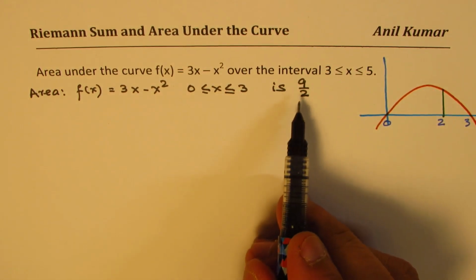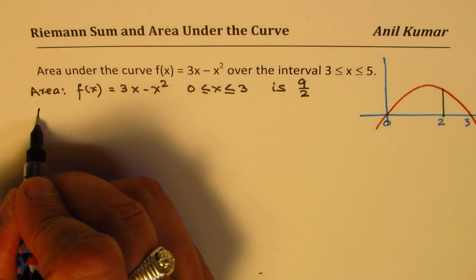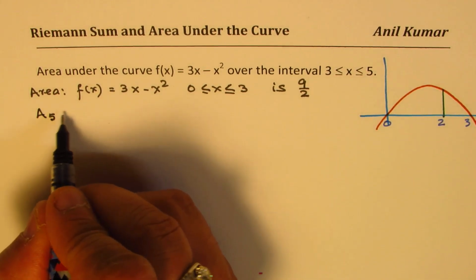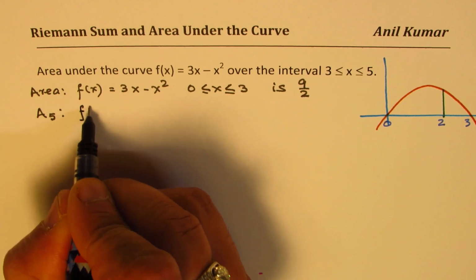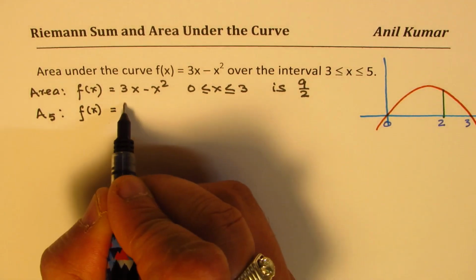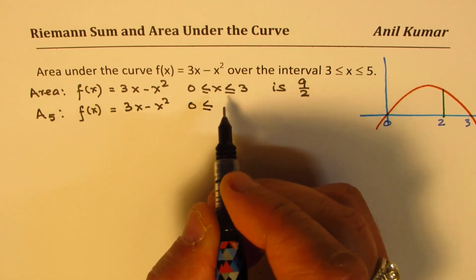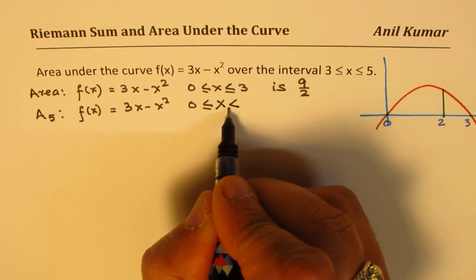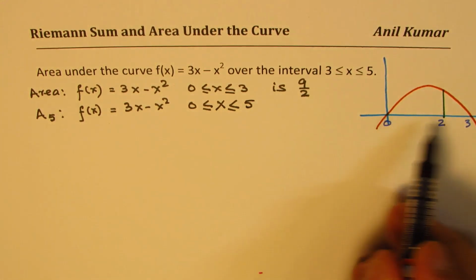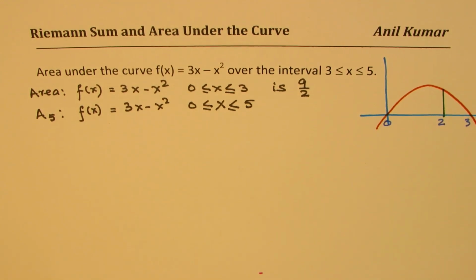So what we are going to do now is to find area A5. We'll find this area of the function 3x minus x squared in the interval from 0 to 5, right? So we'll do the whole area.